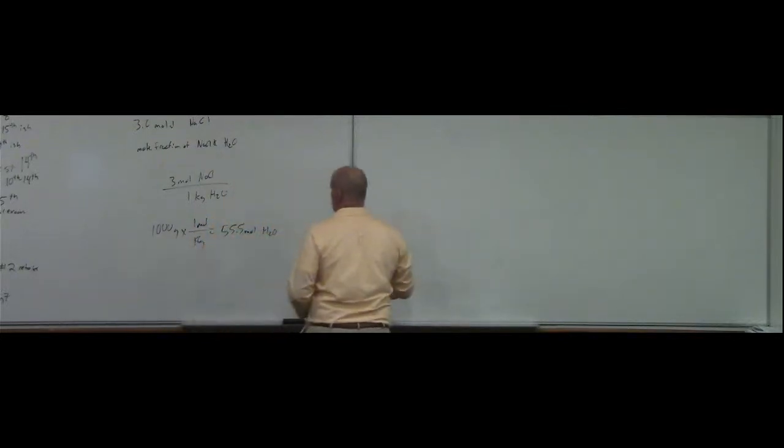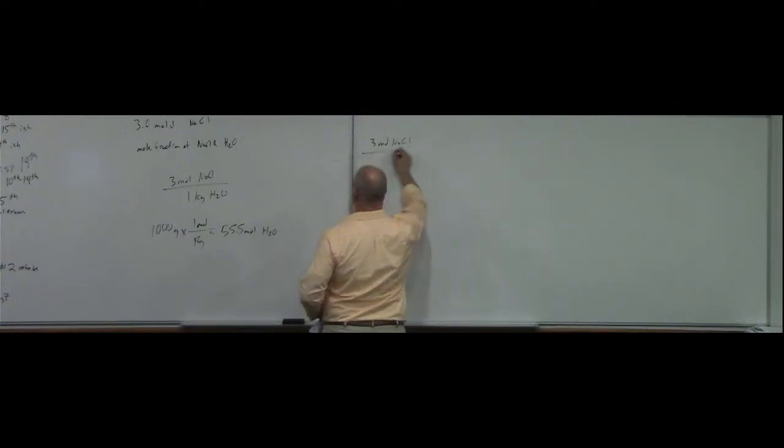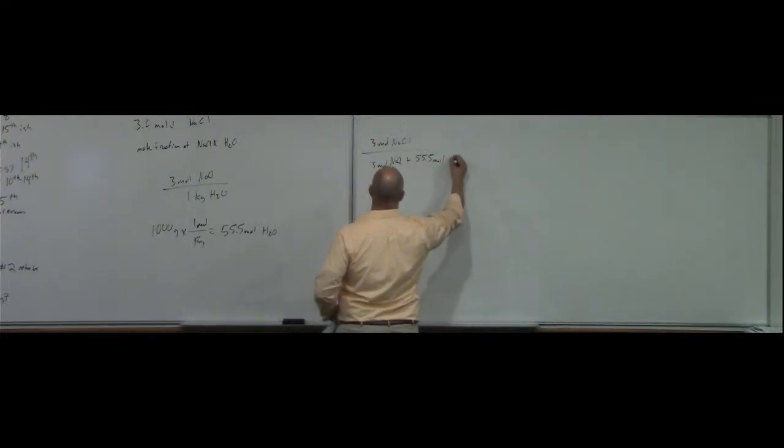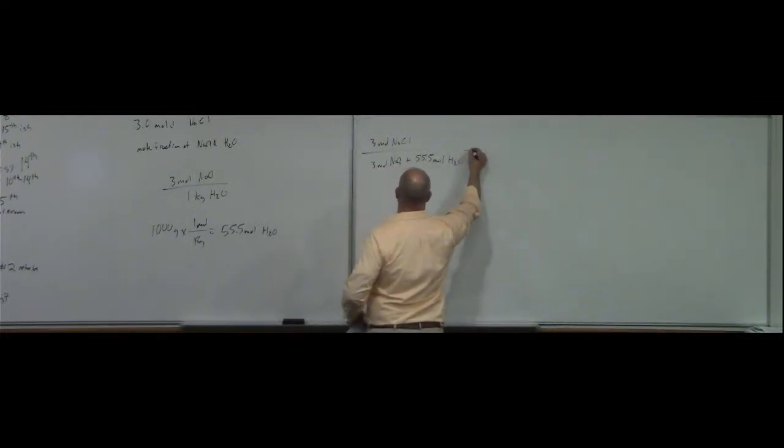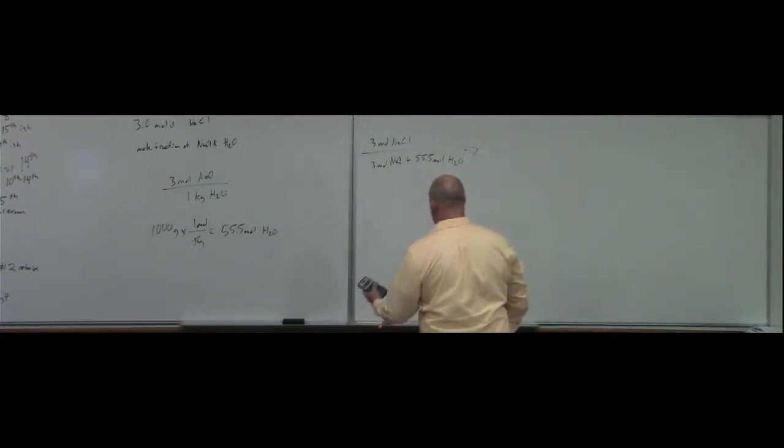So now this isn't too hard at all. I've got 3 moles of NaCl over 3 moles of NaCl plus 55.5 moles of H2O. So 3 divided by 58.5.